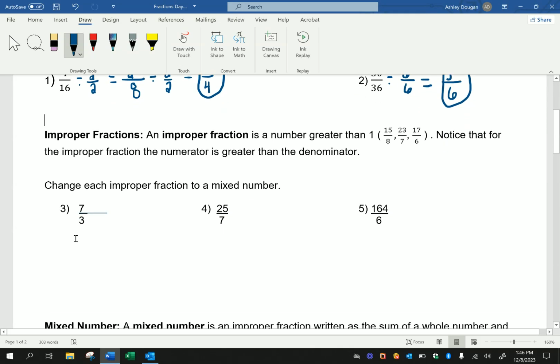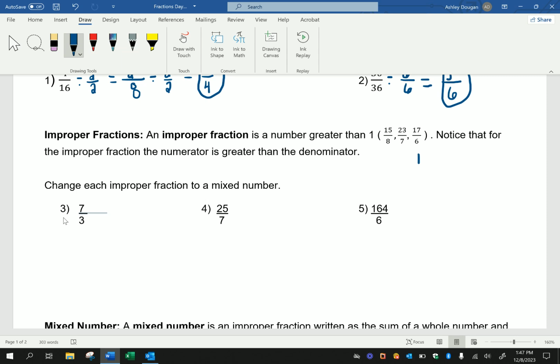These next 3, we call these improper fractions, where the numerator is larger than the denominator. The larger number is on the top. These improper fractions mean that you have values that are greater than 1, and so they can be changed as a mixed number. You could go back and forth between mixed number and improper fraction.